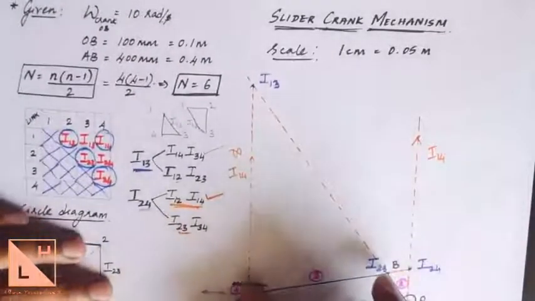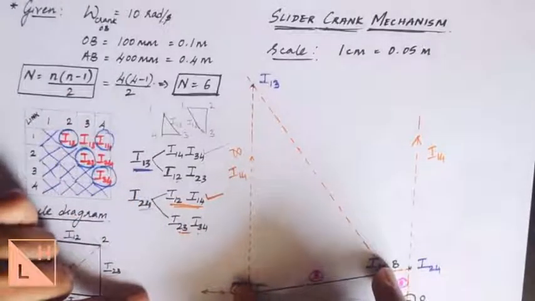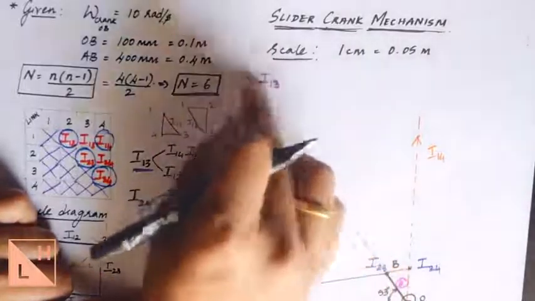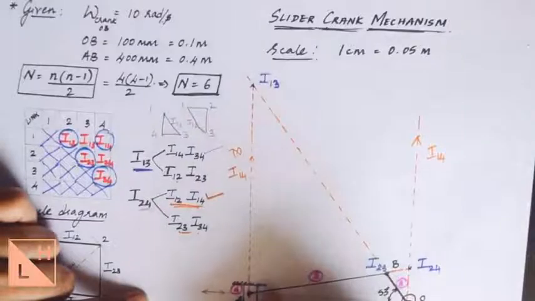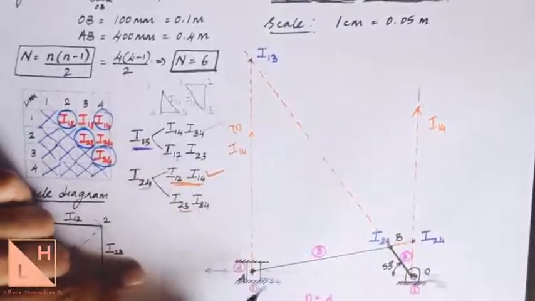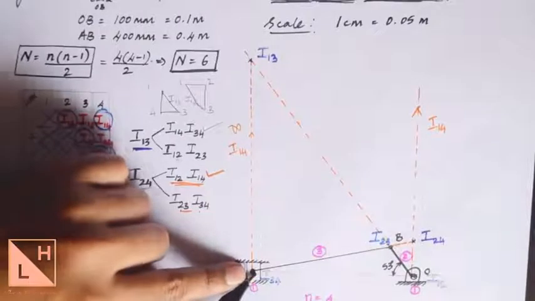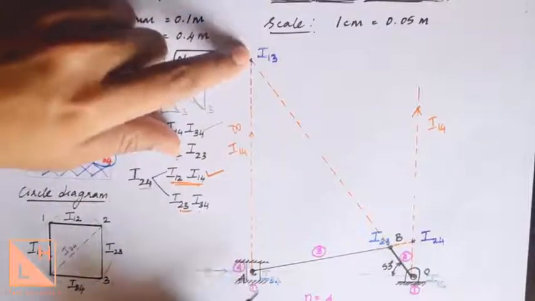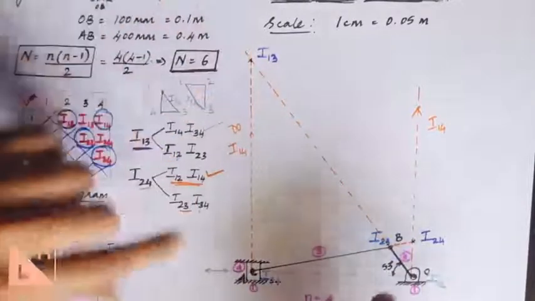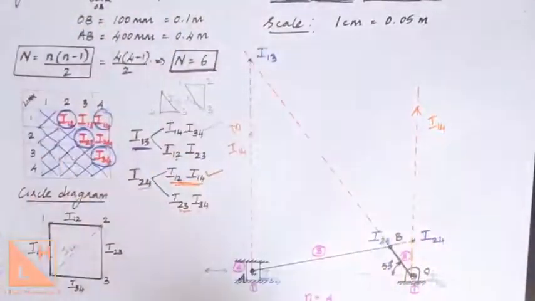So if I am considering this link, that is B to A, for this B to A, the center of rotation is found as I13. So if I am trying to find out the velocity at point A, then the distance from point A to the center of rotation is going to be A to I13, because I13 is the center of rotation for this particular link AB as it joins to that particular point.